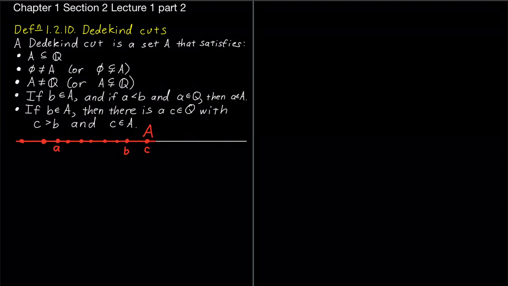So let's have an example. Let A be the set of all rational numbers q in Q such that q is less than, pick your favorite rational number, I'm going to make it 3/2.